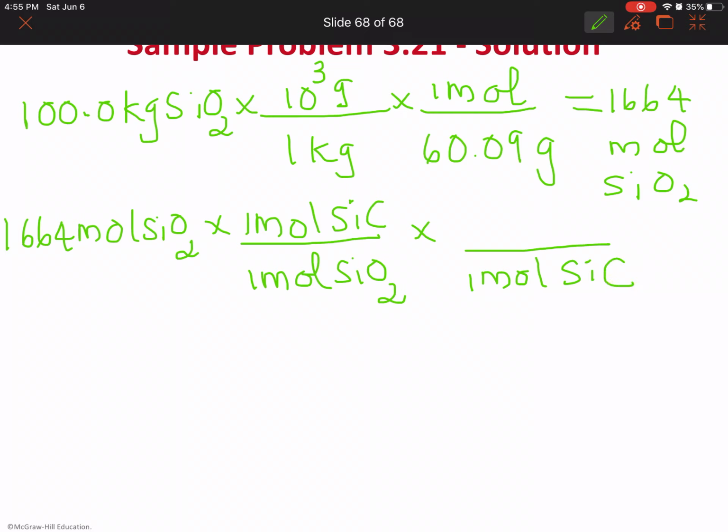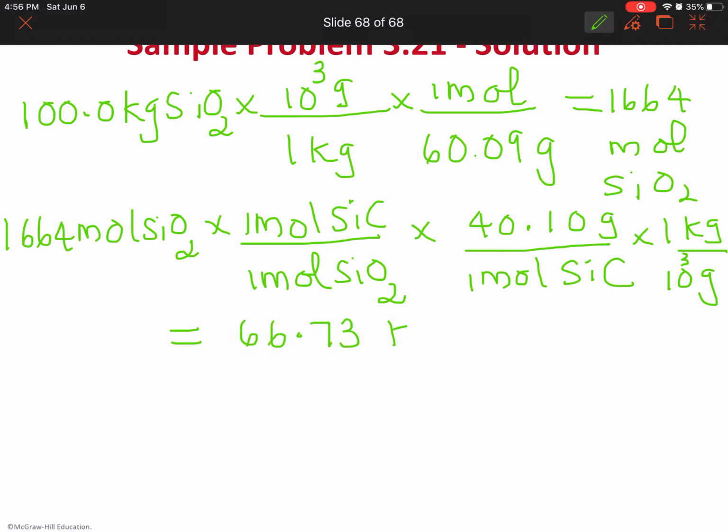The molar mass of silicon carbide is 40.10 gram, so this will give you the mass of silicon carbide. And then you can convert this into kilograms. 10 to the power 3 grams is 1 kilogram. So if you convert it to kilograms, that would be 66.73 kilograms. That is the theoretical yield.